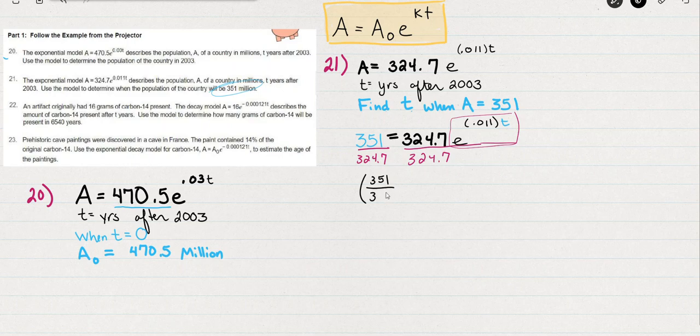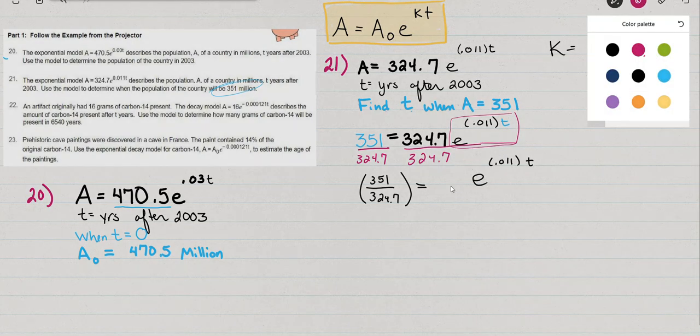So I'm going to keep it 351 divided by 324.7, which is fine. And that's going to equal e to the 0.011t. Don't lose that second 1 in that k. K in this problem equals 11 thousandths, 0.011.